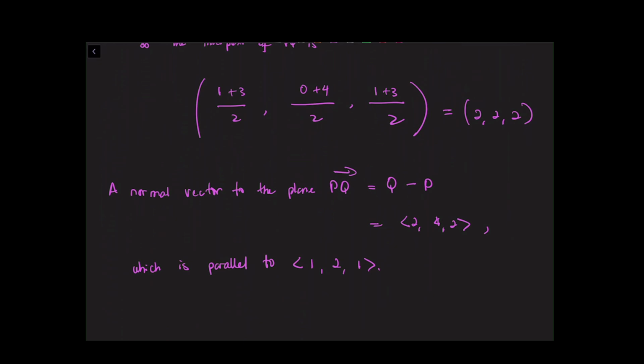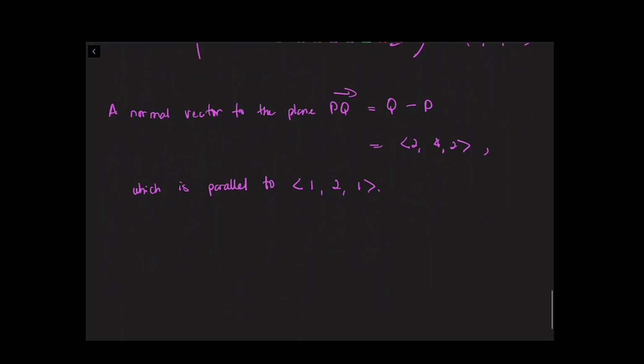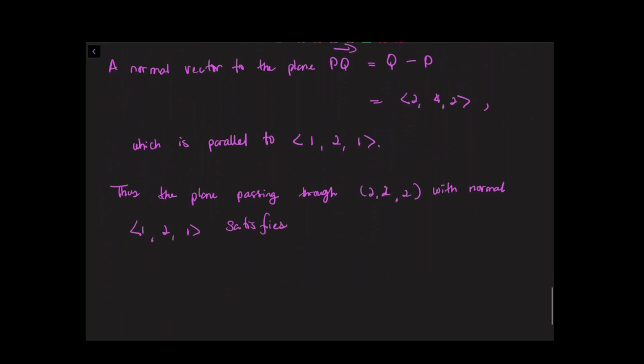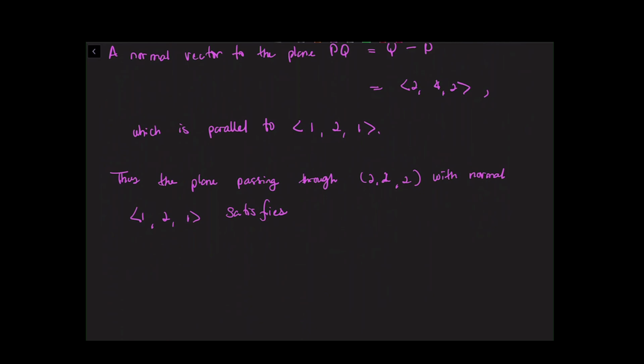So finally, we have that the plane passing through our midpoint, which is (2, 2, 2), with normal (1, 2, 1), satisfies a times x minus x0 plus b times y minus y0 plus c times z minus z0.